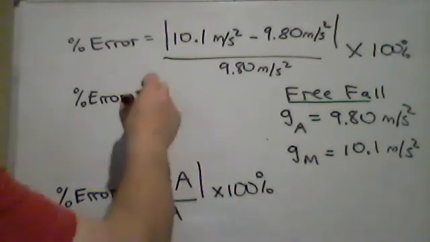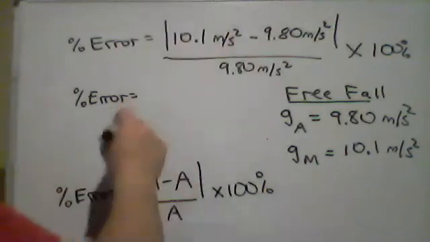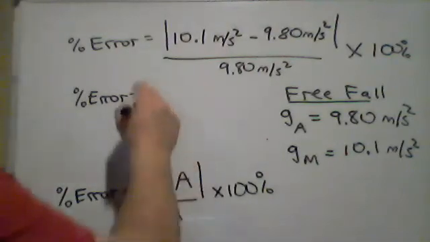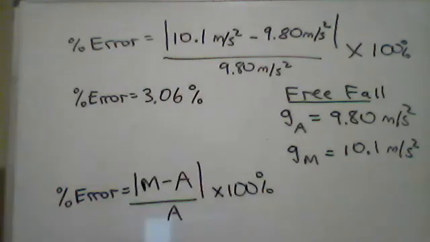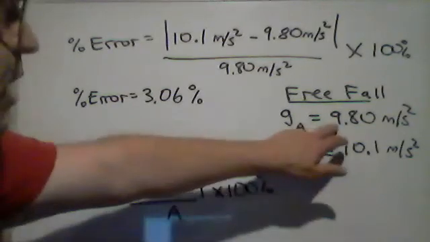Probably the best I can do, I have 3 sig figs all around, so I could say 3.06%. That tells me roughly how well my experiment did compared to the scientifically accepted value. I got within about 3% of the actual value. So I can do this when I have an experiment where I know a scientifically accepted value.